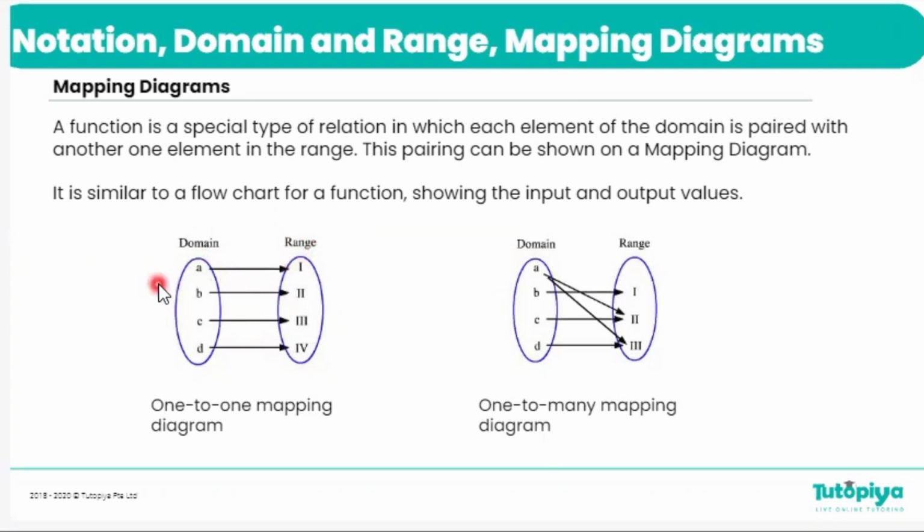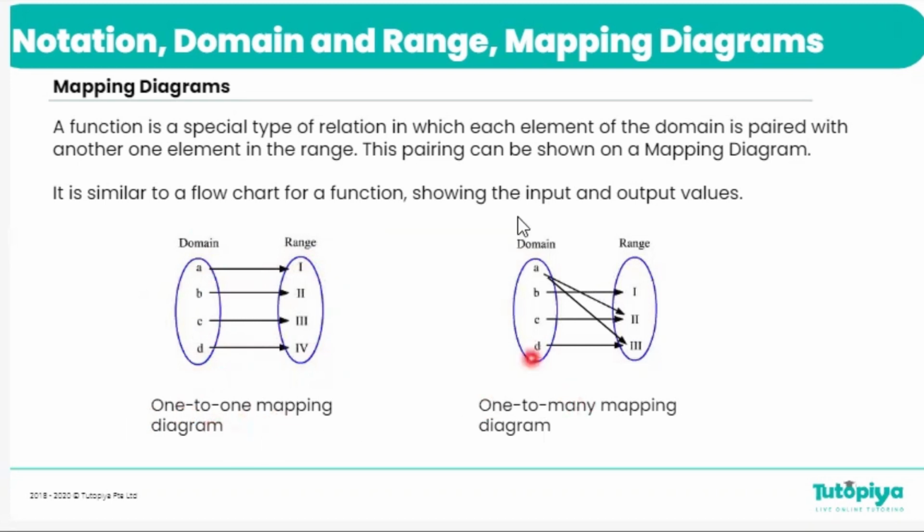In my first diagram, I have different elements in my domain, and each of these maps on to just one element in my range. Because of this, we call this a one-to-one mapping diagram.